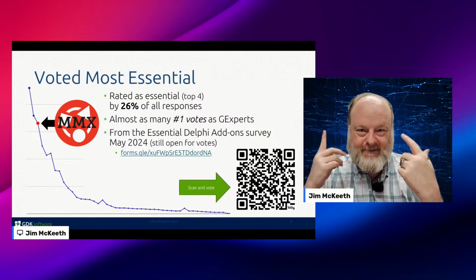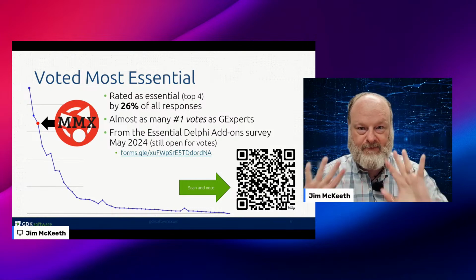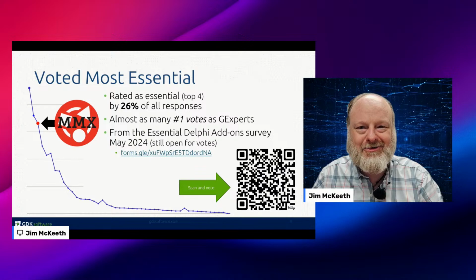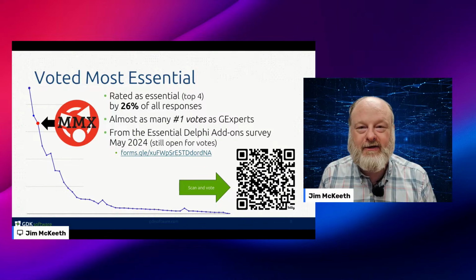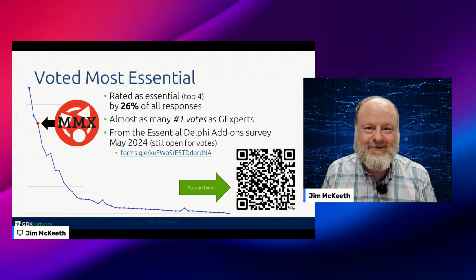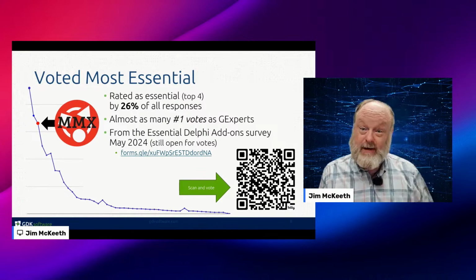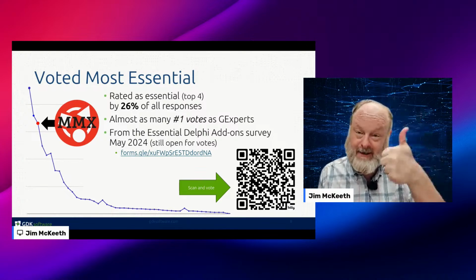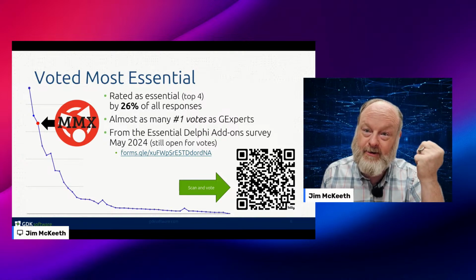I do update the results from time to time, and you can go to the QR code or the links on the screen and vote. There are a lot of options there, but the top 3 were GExperts, then FastMM, and MMX Code Explorer.